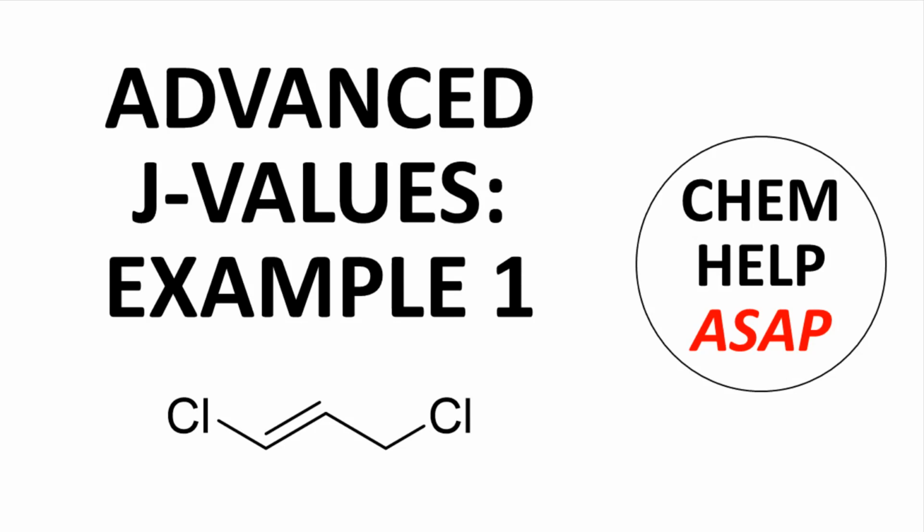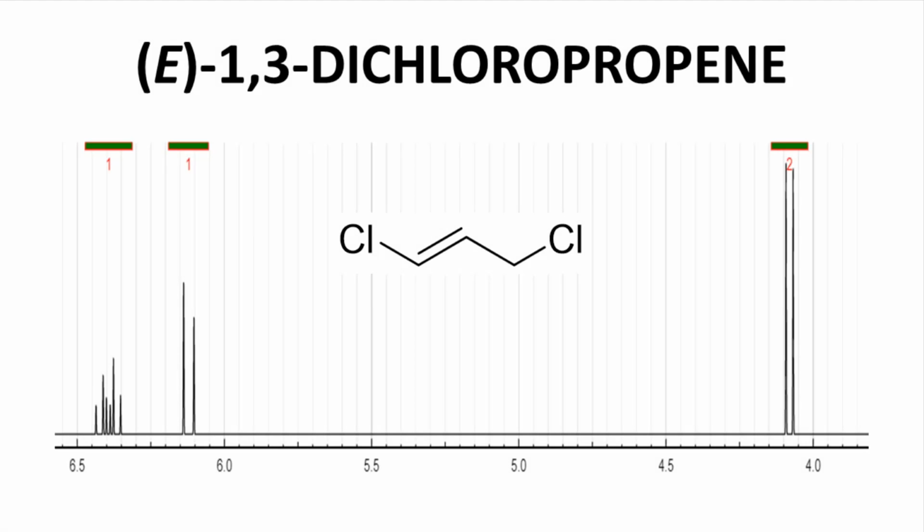Let's see a more complex example of how we decipher J values and multiplicity. Here is a spectrum of a small molecule. It has a CH2, and the signal for that CH2 is upfield, close to 4 ppm. The CH2 has one neighbor and therefore appears as a doublet.